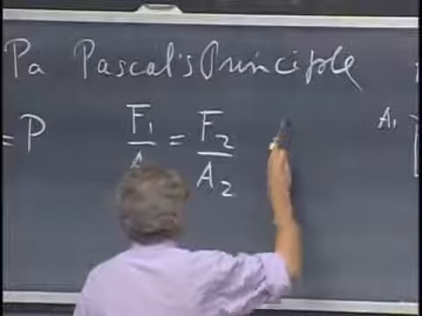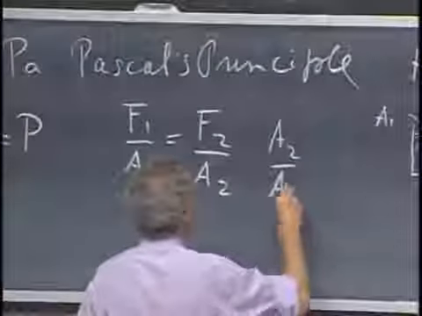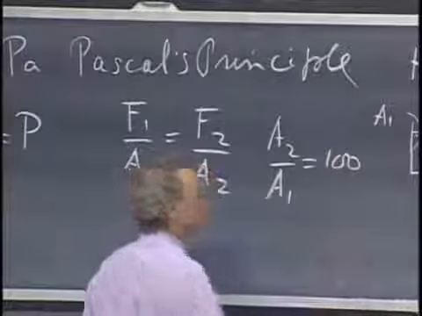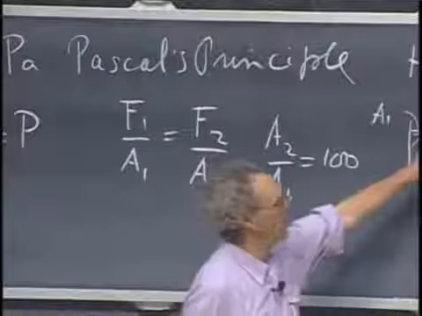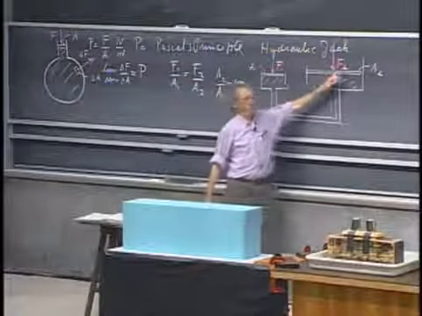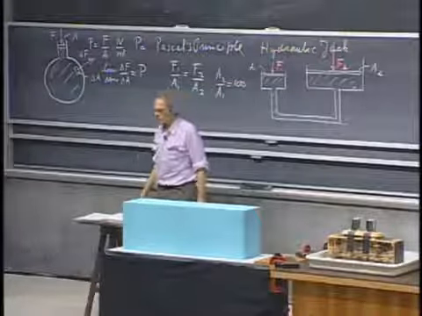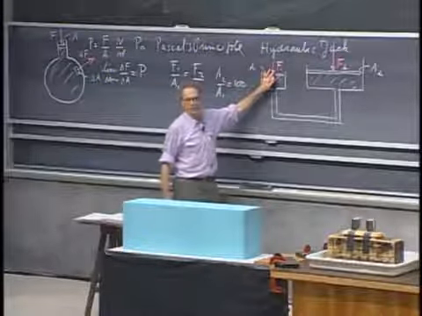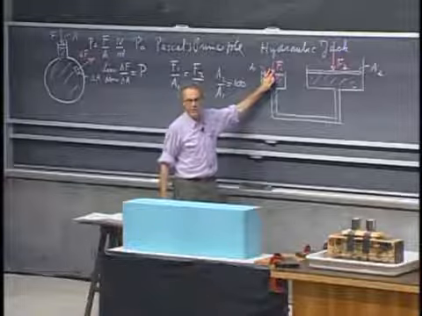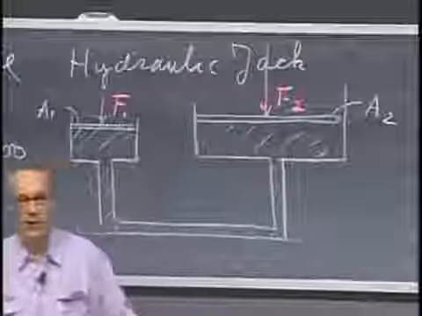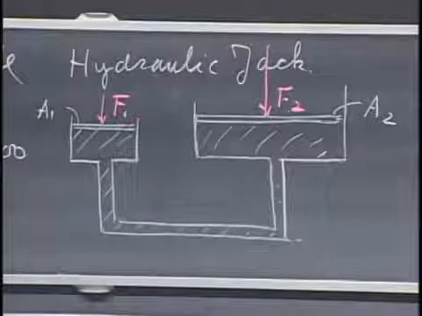So what that means, if A2 over A1 were 100, it would mean that this force could be 100 times less than that one. In other words, I could put on here a weight, a mass of 10 kilograms, and here I could put 1,000 kilograms, and it would be completely in equilibrium.